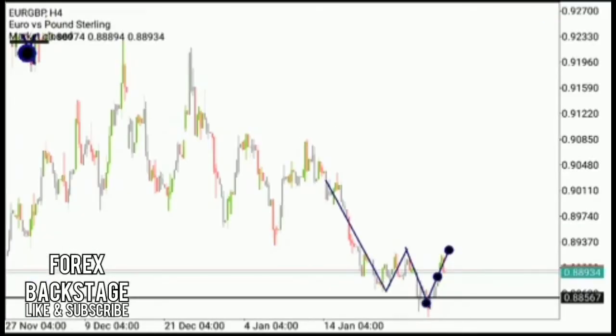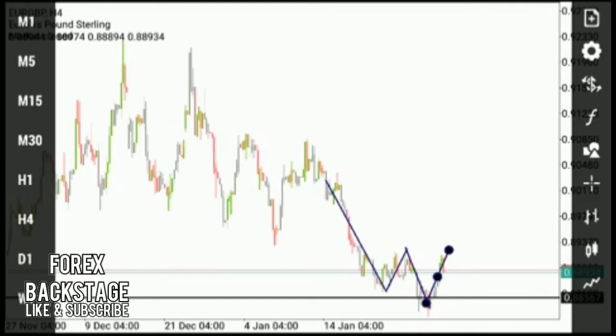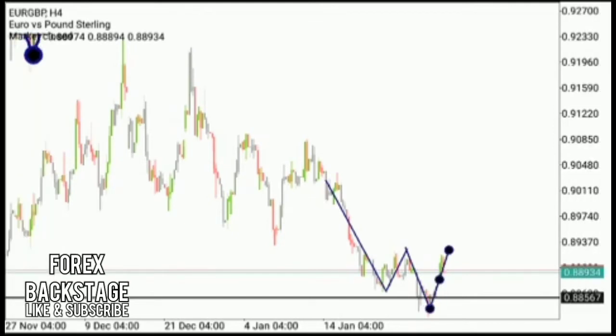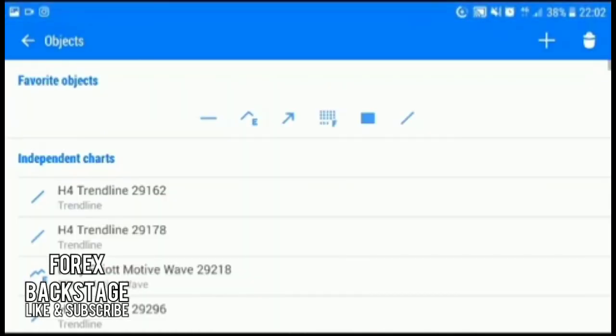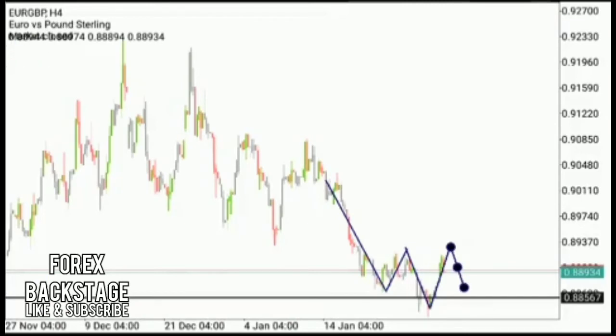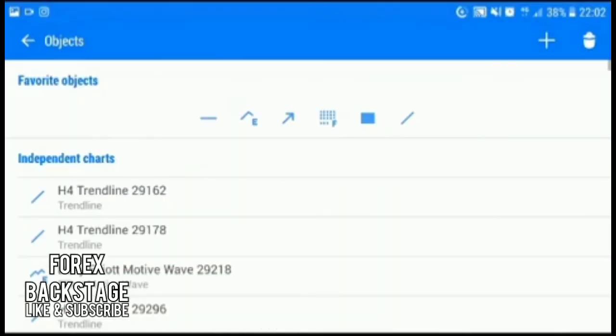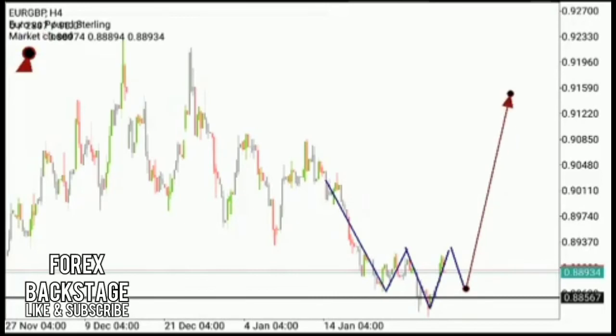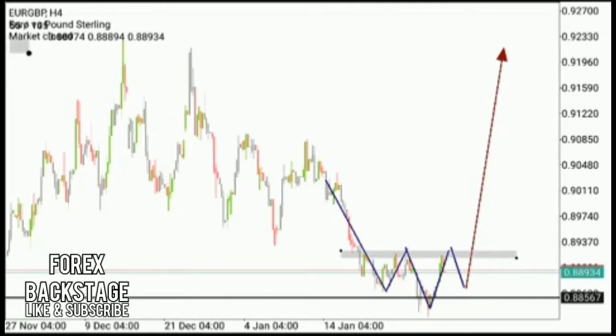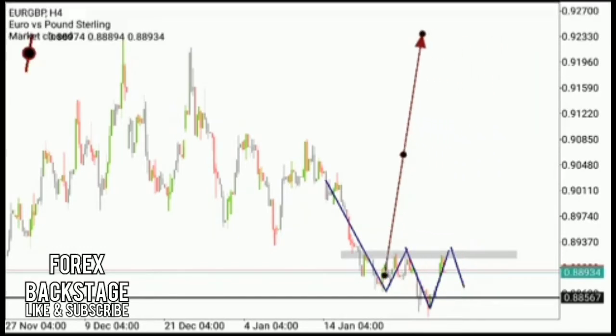This is gonna be a strong head and shoulder pattern that is forming, and we're just going to have our neckline over here.